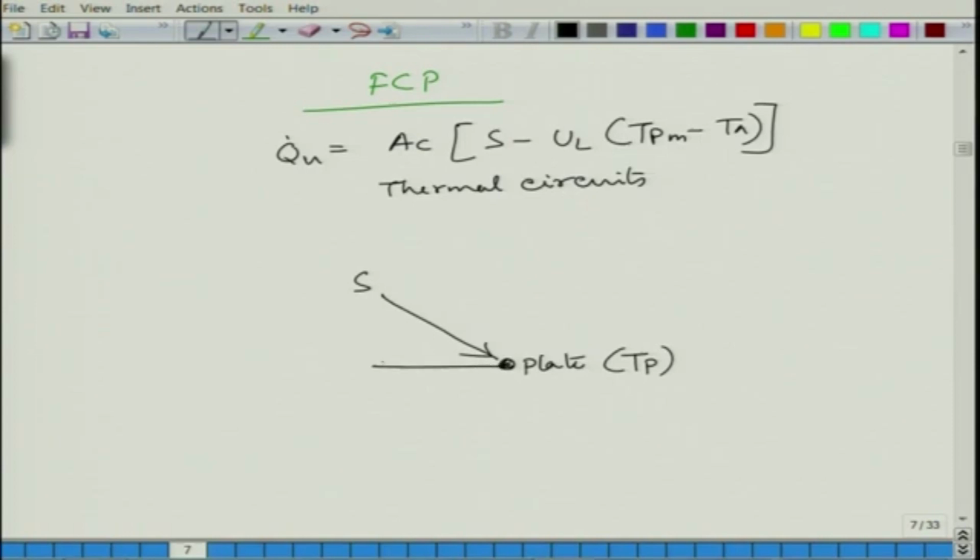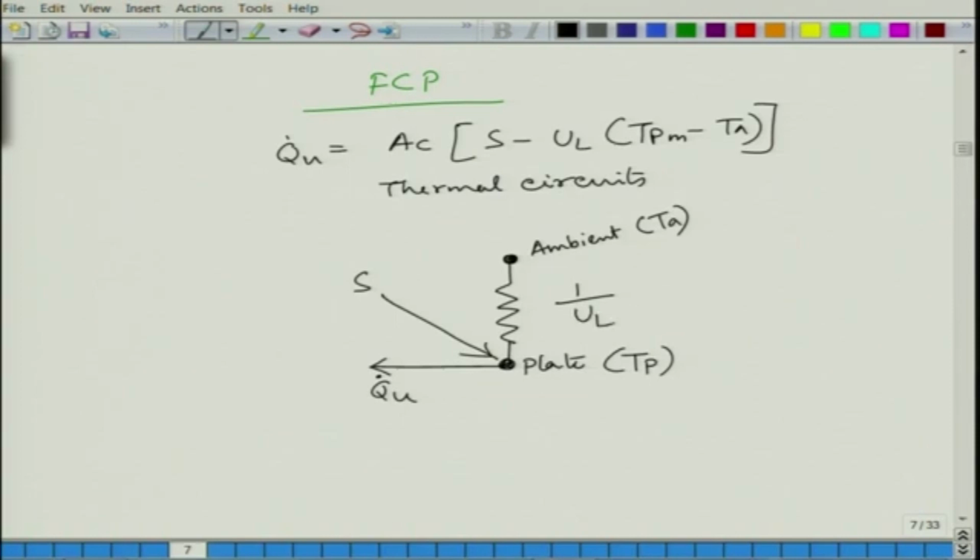And what else is happening? You are taking out Qu, which is the useful heat, and it is losing some heat to the ambient, which is at constant temperature Ta. That loss of heat you can designate with a thermal resistance. Okay. That thermal resistance is nothing but 1 over UL.